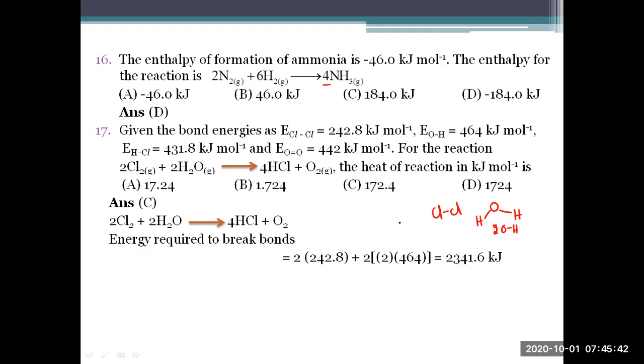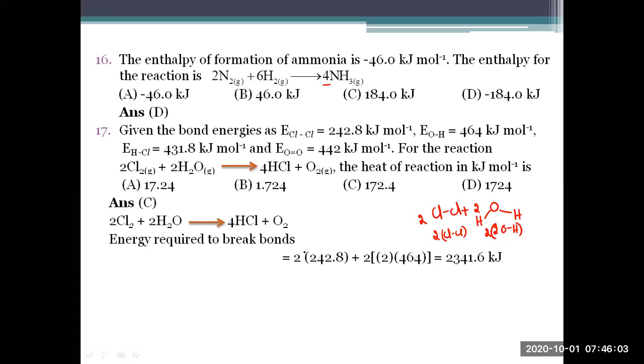How many molecules of Cl2 are there? 2 Cl2 plus 2 H2O. So 2 into 2 OH bond energy, and 2 into bond energy of Cl-Cl. That's all. Whereas in the product, there is HCl and O double bond O, so there is no problem.